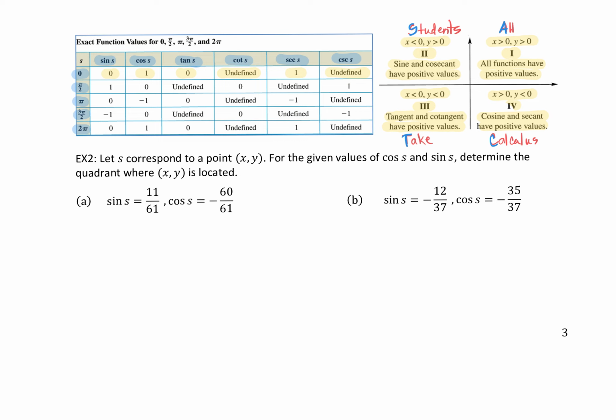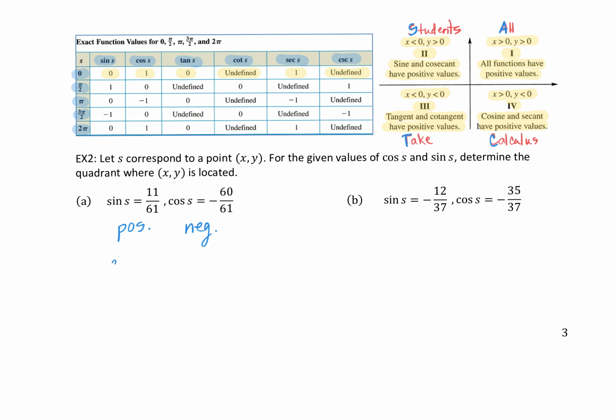Okay, so for the given values of cosine and sine, we're going to determine the quadrant. This is super easy. If we look at A, sine is positive and cosine is negative. So the quadrant in which sine is positive and cosine is negative would be quadrant 2.